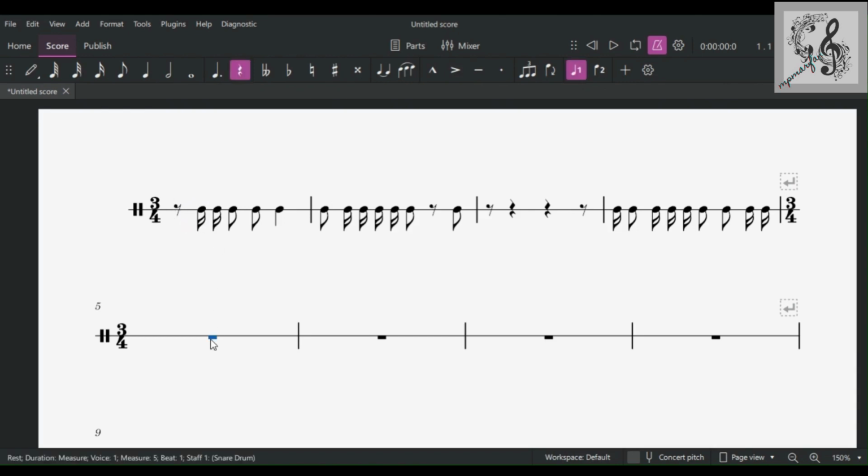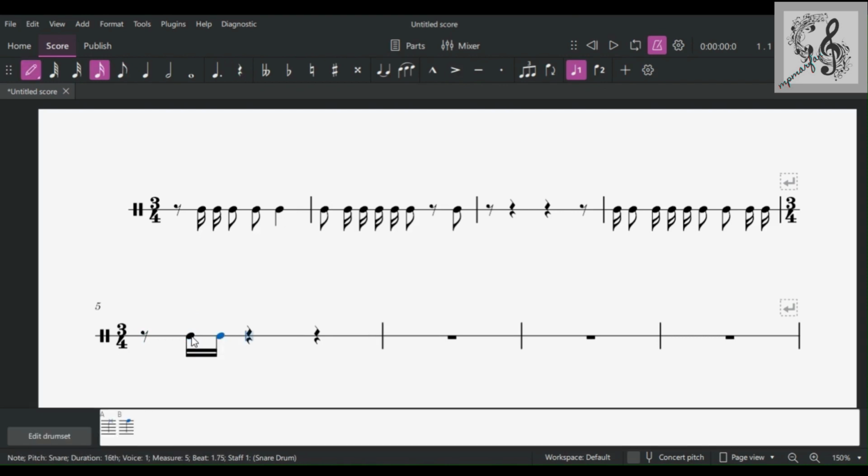Now the first part is a rest, so I'm going to just put in the rest. And then these 2, they have 2 hooks, so these 16th notes are going to form the second part of that count. So now it's grouped.